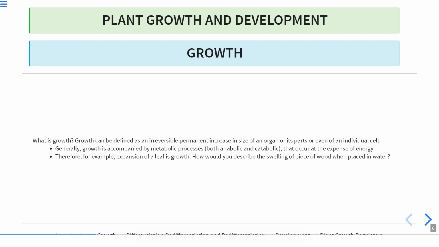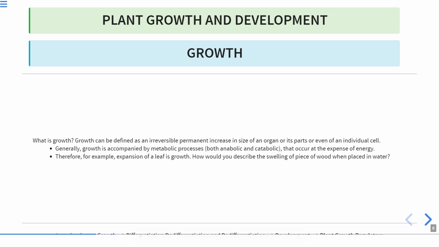You can place that leaf, without plucking it from the plant, on a graph paper and draw the outer boundary. It is still attached to the plant, and you can find the area of that small leaf from the graph paper.